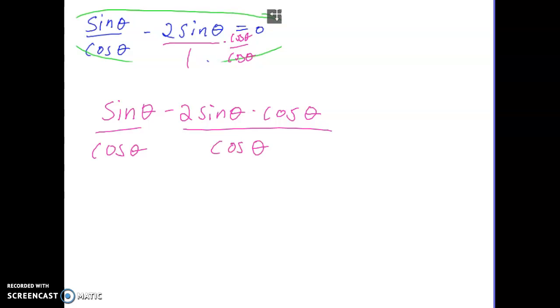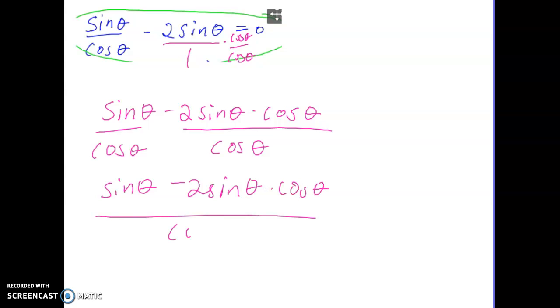Okay, so now I can manipulate this. All over cosine of theta. Now maybe I'll rewrite this by factoring out a sine.